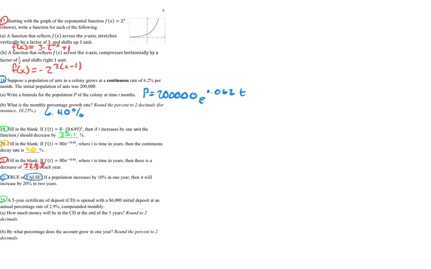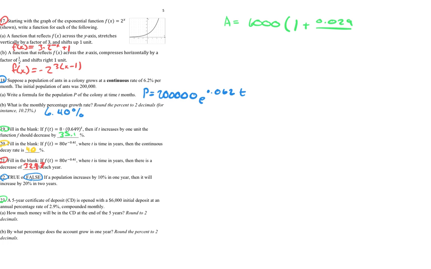So the way that we're going to set up our equation here, our amount is going to equal our initial amount, which is 6,000, times, and then inside of here, because we're increasing, it's going to be 1 plus our rate, which is 0.029, and then we divide it by how many periods there are per year.